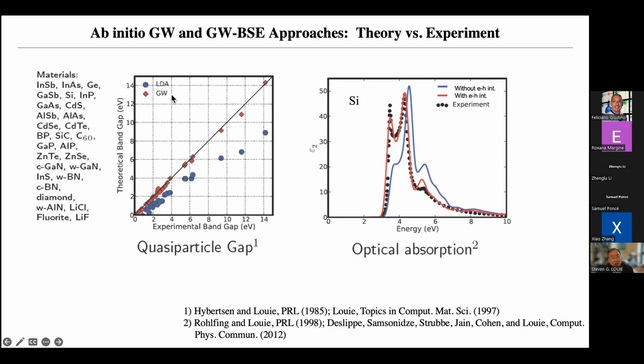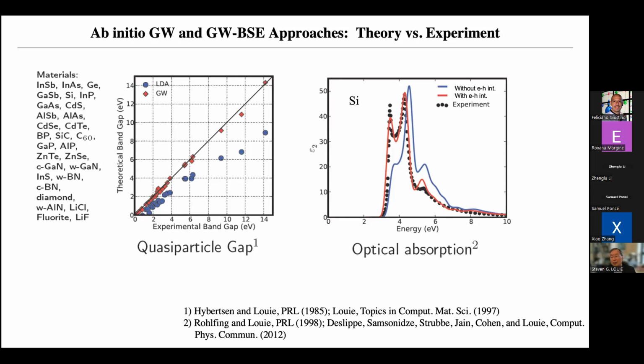And within this GW approach, even at the first-order level, you get quite good agreement between theory and experiment. And on the right here is the optical spectrum, epsilon 2 of omega, for silicon. The blue line is calculated within the kind of interband transition picture.